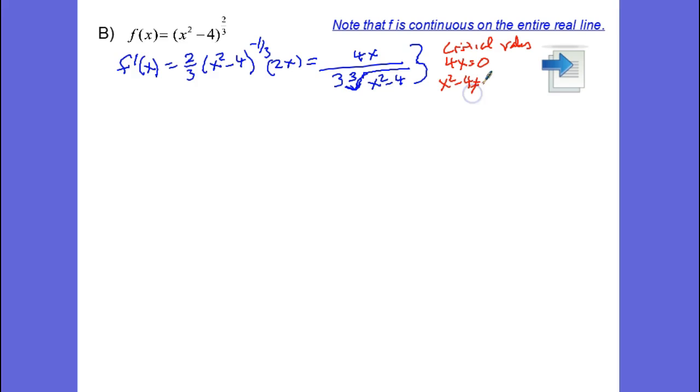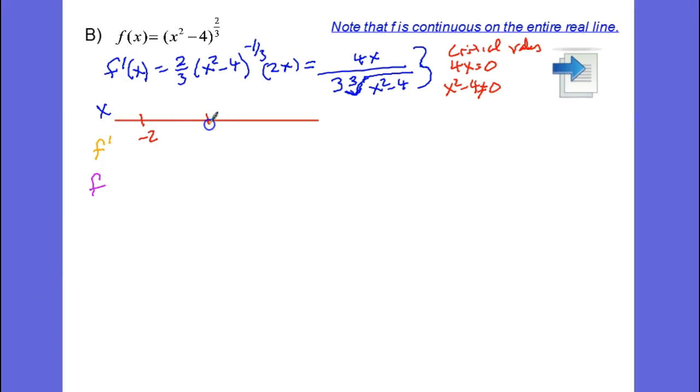But if we write it in such a way that the function exists, we'll make it not equal to 0. So either way, we can solve for critical values, and we get x equals 0 and x equals plus or minus 2, and we will make a number line.